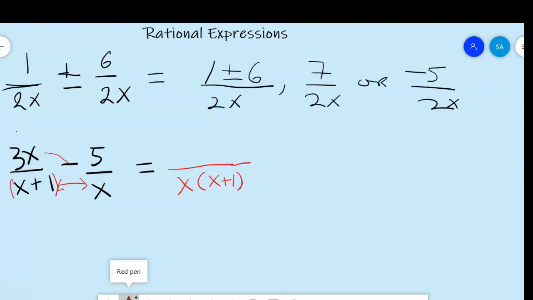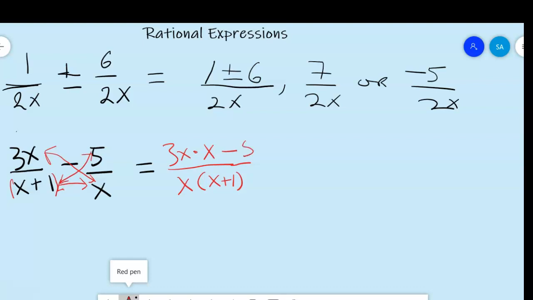And then we cross it. The numerator first, so we have 3x times x. Bring your operation sign, then you cross it over.